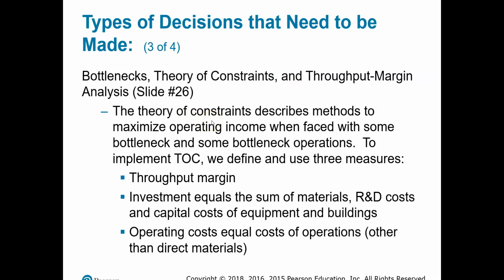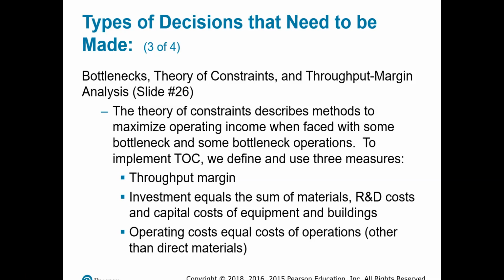And when we talk about the theory of constraints, we're talking about methods to maximize operating income when faced with some kind of bottleneck operations. So in order to implement the theory of constraints, we need to define and use three measures. Throughput margin, if we remember from variable costing and inventory analysis, is simply the revenues minus direct materials.